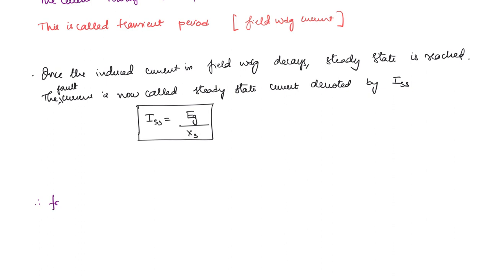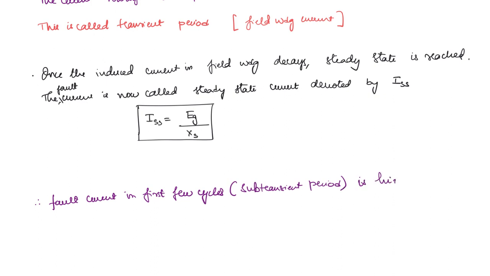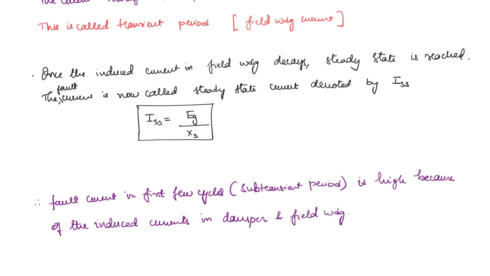Therefore, fault current in first few cycles, that is in the subtransient period, is high because of the induced currents in damper and field winding.